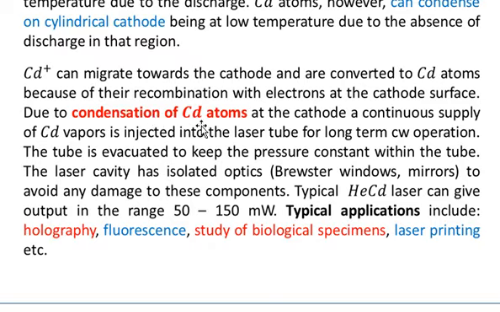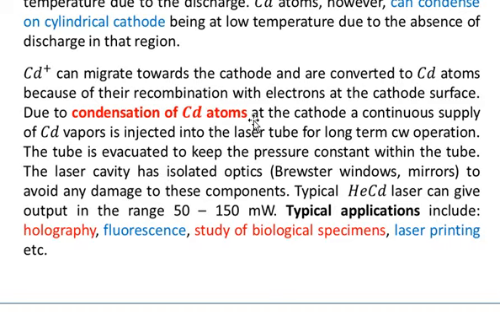Due to condensation of cadmium atoms at the cathode, a continuous supply of the cadmium vapors is injected into the laser tube for long-term CW operation, because the vapors which condense on the cathode cylinder actually act as a loss of cadmium atoms. So we need to inject more cadmium atoms inside the cavity, and at the same time we can maintain the pressure through the vacuum pump.